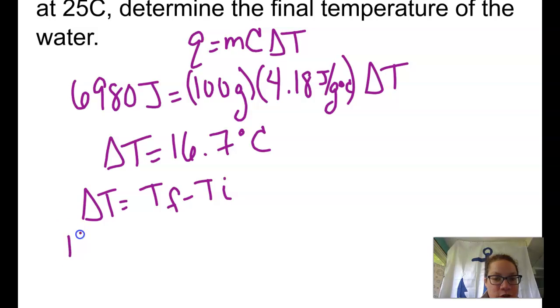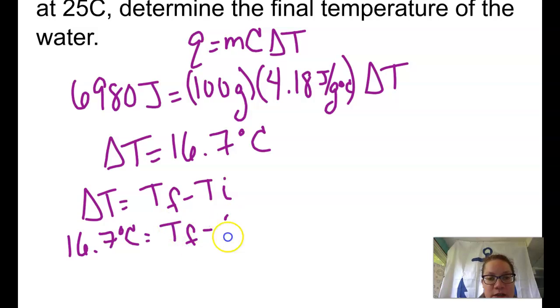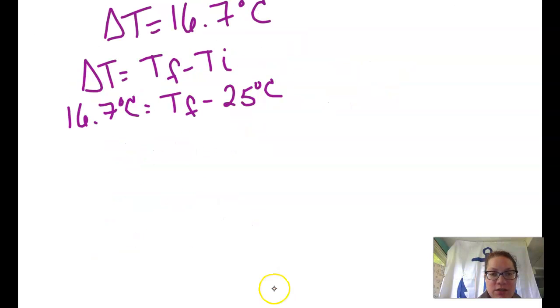So you can plug this in here: 16.7 is going to be equal to temperature final minus 25 degrees Celsius. Or you probably figured out that if you take your 16.7 and you add it to 25, you will get 41.7 degrees Celsius.